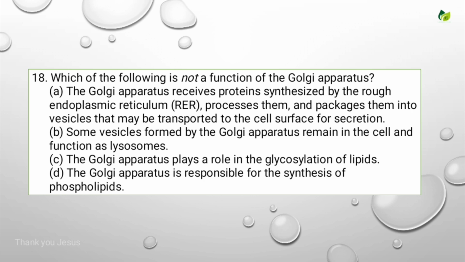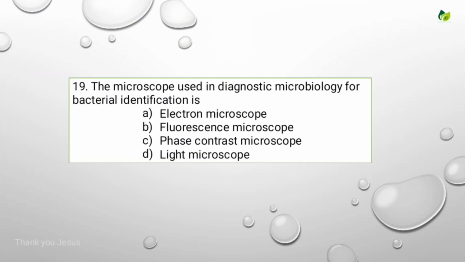The Golgi apparatus plays a role in the glycosylation of lipids. The Golgi apparatus is responsible for the synthesis of phospholipids. So among them, we have to pick the wrong statement, that is, the Golgi apparatus is responsible for the synthesis of phospholipids. The remaining three statements are correct regarding the Golgi apparatus. Let's see the next question.